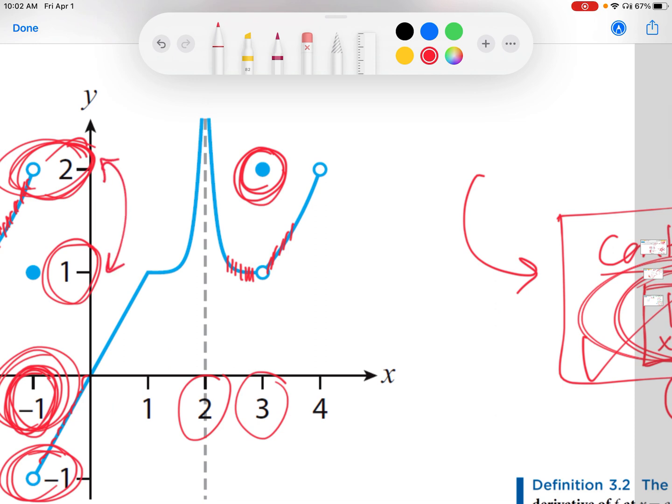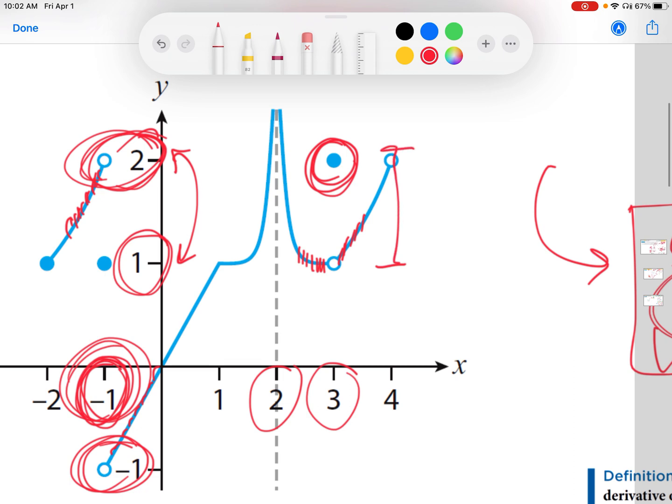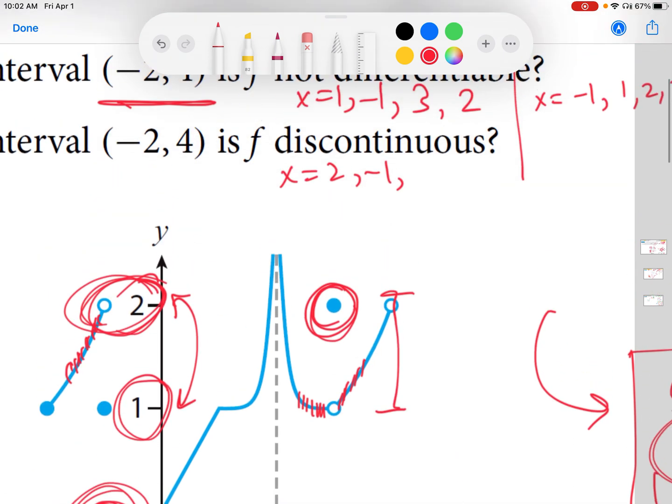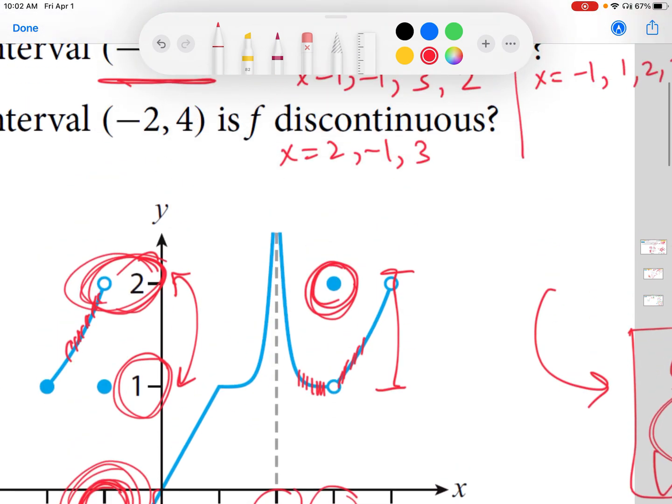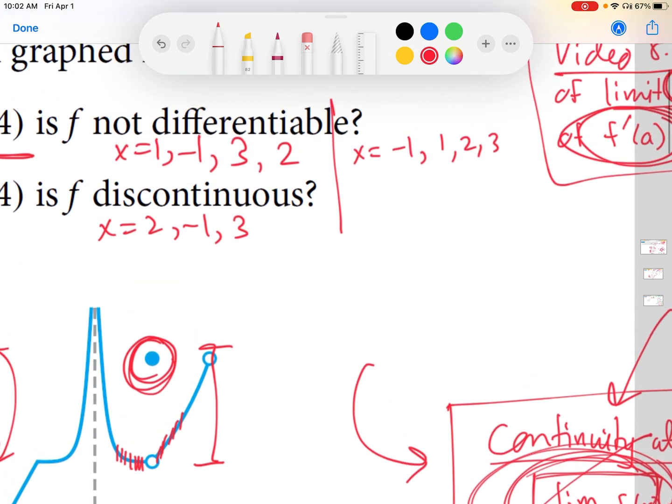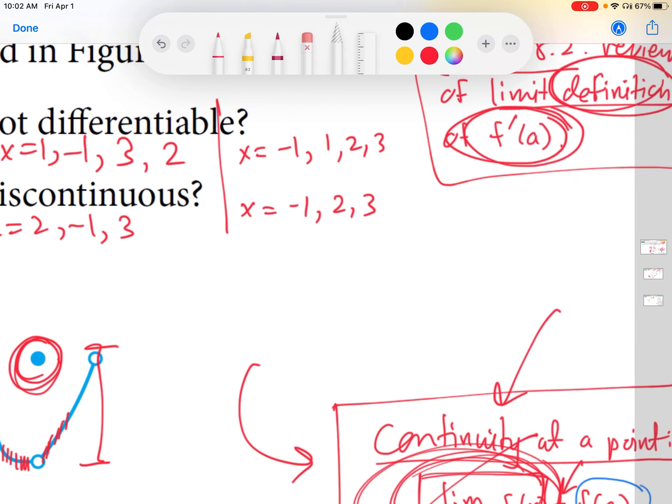So discontinuity there. This is the gap discontinuity we talked about. So x equals 3 is another point of discontinuity. Great, so those are all the ones that I could find. So I'm going to order them: -1, 2, and 3. Now what I wanted to do, at the end of the video here, is compare these for you.